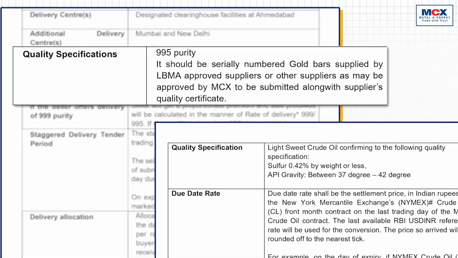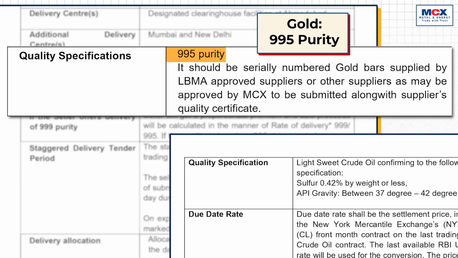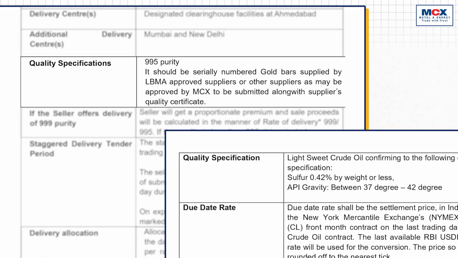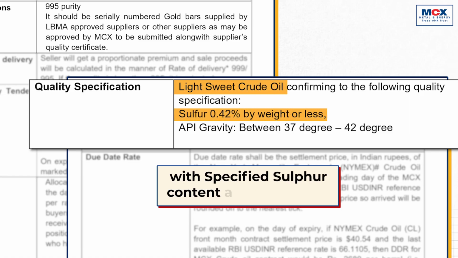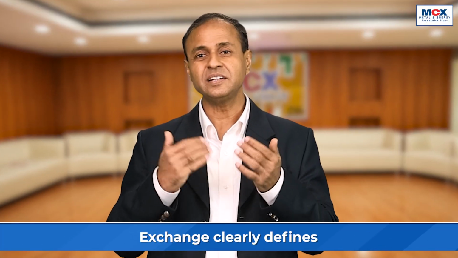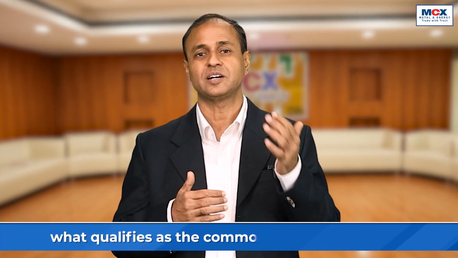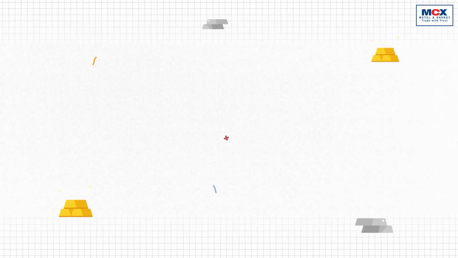Examples: gold, 995 purity; crude oil, light sweet crude oil with specified sulfur content and API gravity. So, the exchange clearly defines what qualifies as the commodity for that contract.